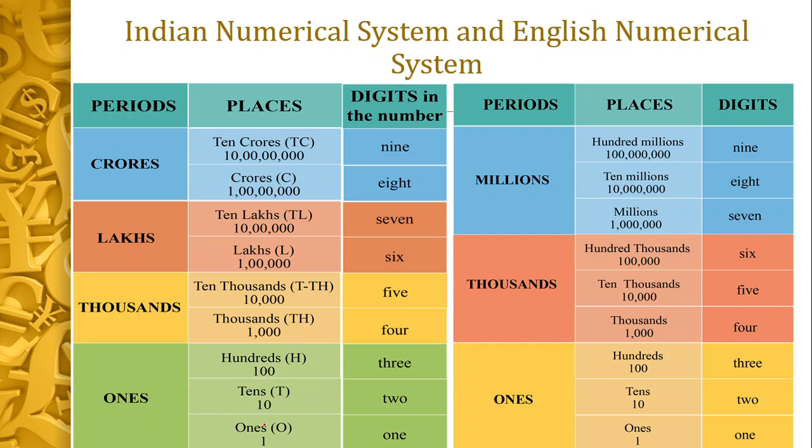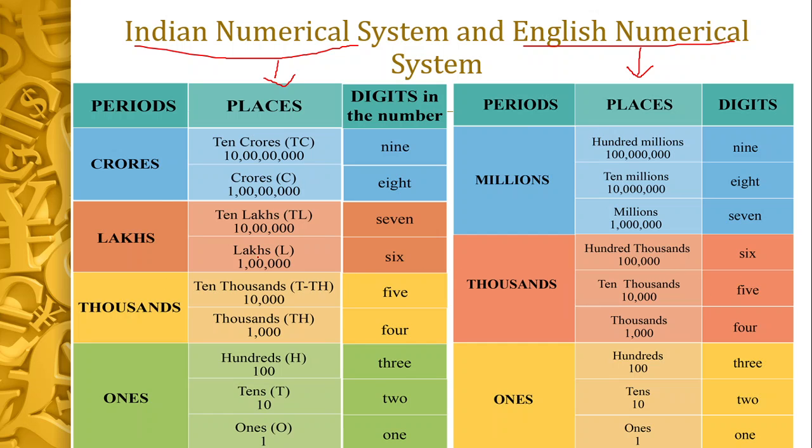So, what has been displayed on the left hand side is the Indian numerical system, and whatever has been displayed on the right hand side is the English numerical system. Up until 5 numerical places, it is the same. It is ones, tens, hundreds, thousands and 10,000s.